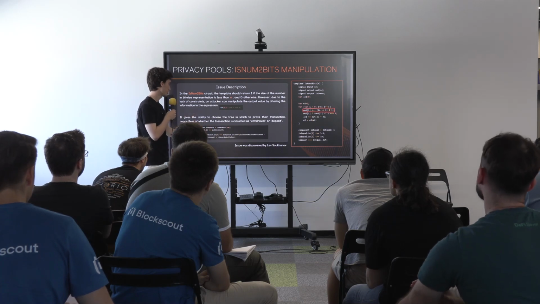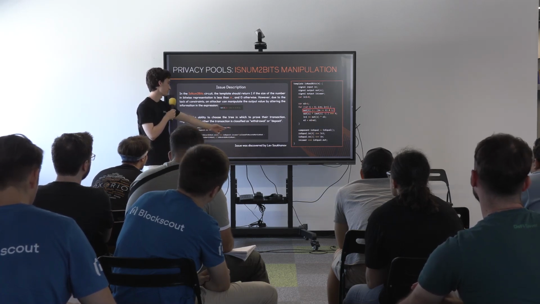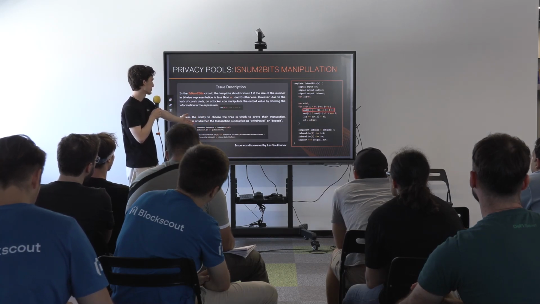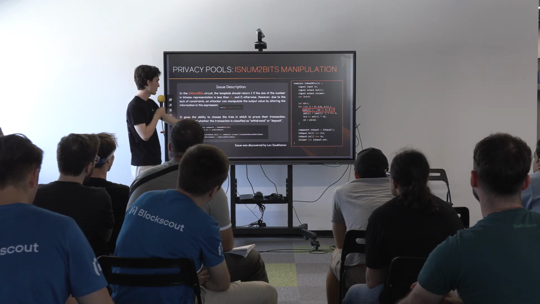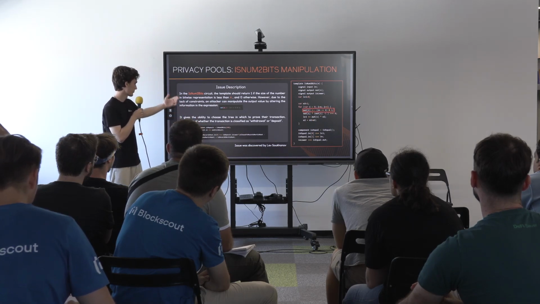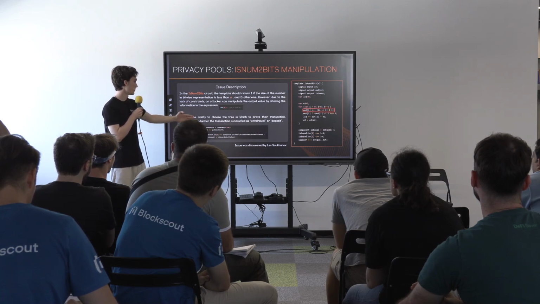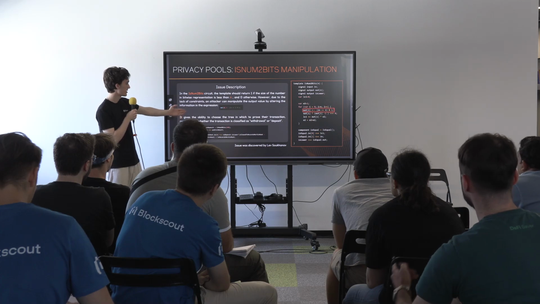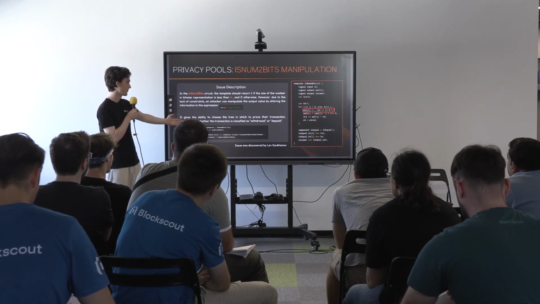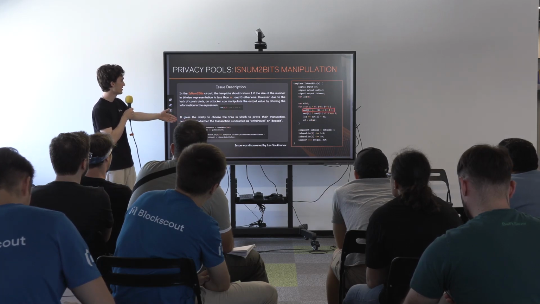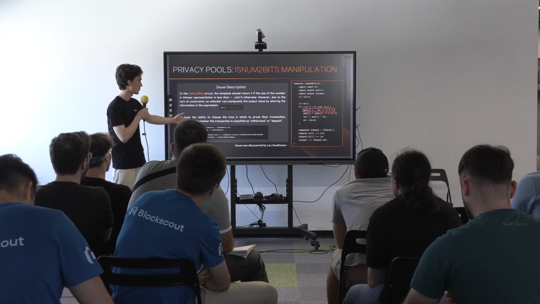Okay, there is a snippet of code where there was a value 240, and then this value is used to determine what kind of action to do in the project. So it's a deposit if the value is less than 240, and if it's greater, then it's a withdrawal.